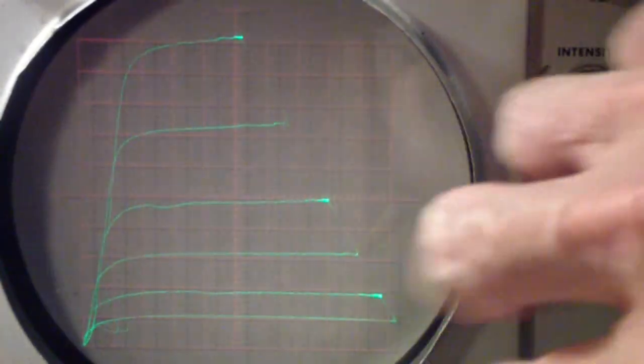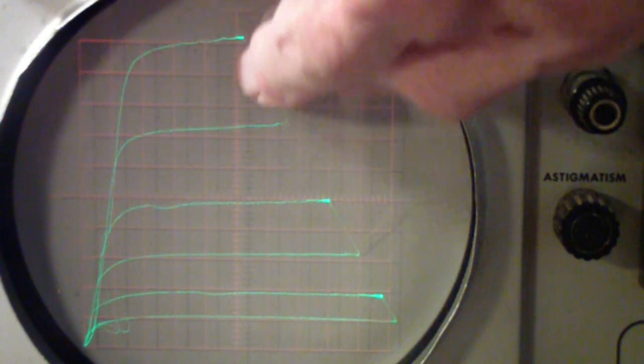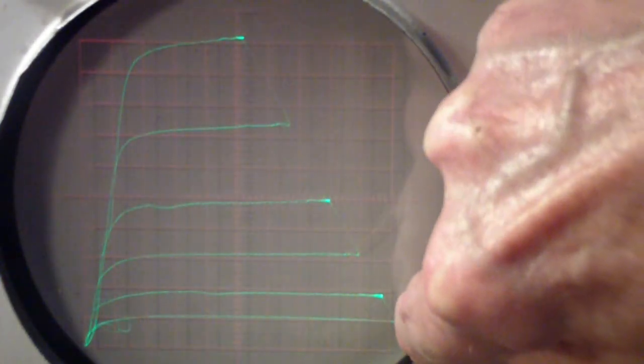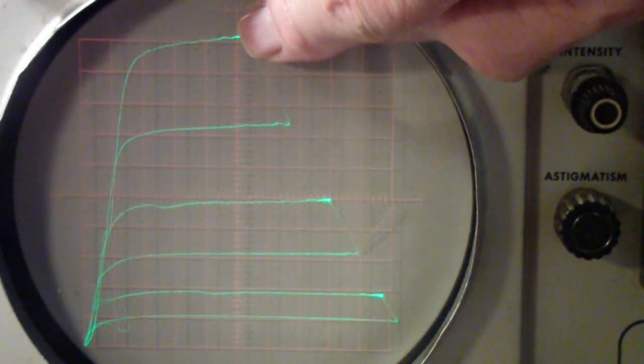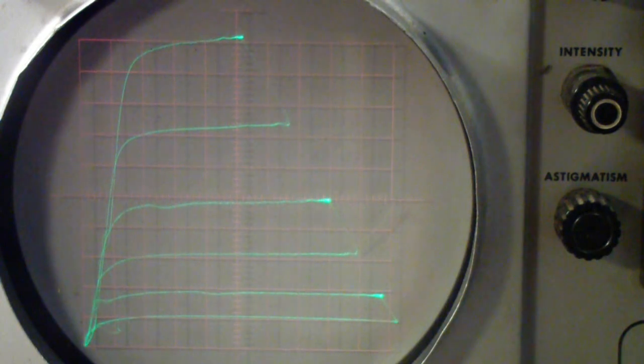That is how you get this slope. In other words, the difference between this voltage and this voltage is 80 volts. The difference between this current and this current, that is from here down to here, is 8 milliamperes.